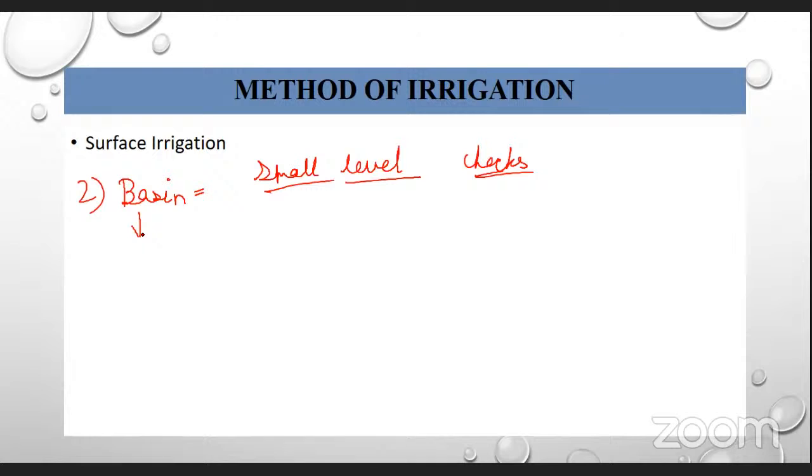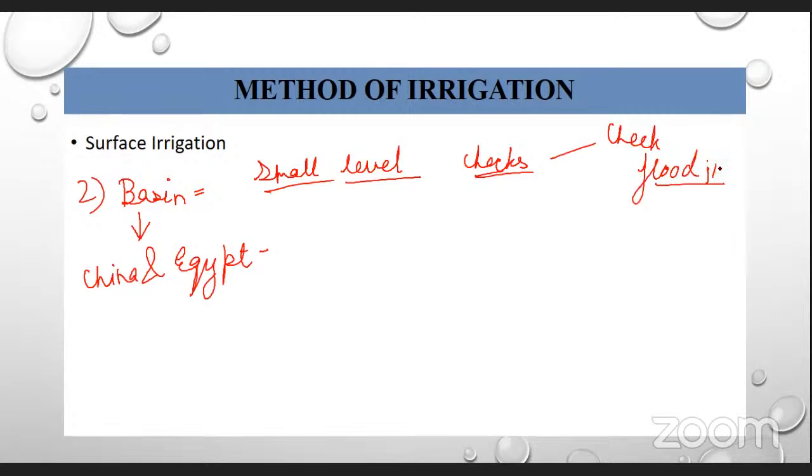This basin is usually derived from China and Egypt. Okay, and this basin method is almost similar to your check flooding, but in check flooding we give water to the entire field.